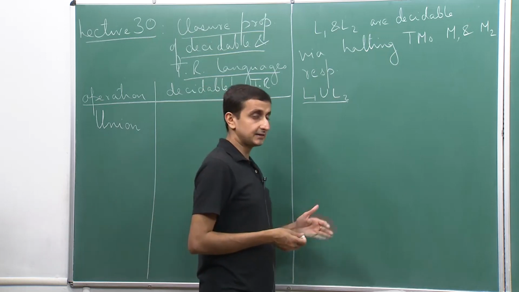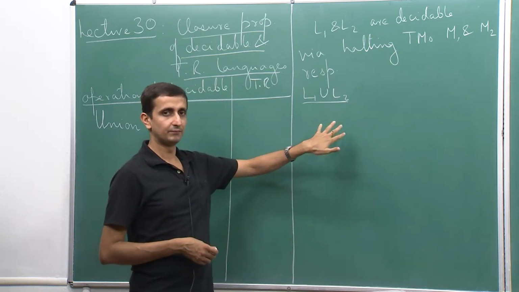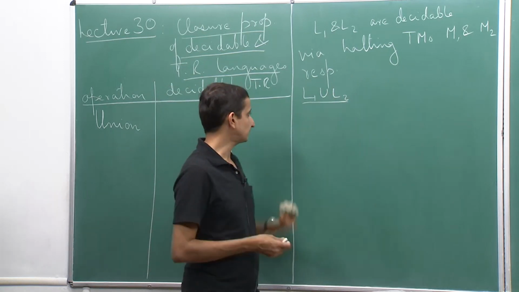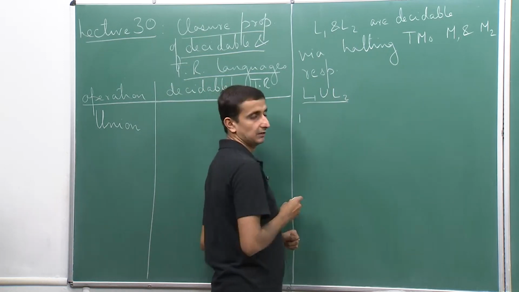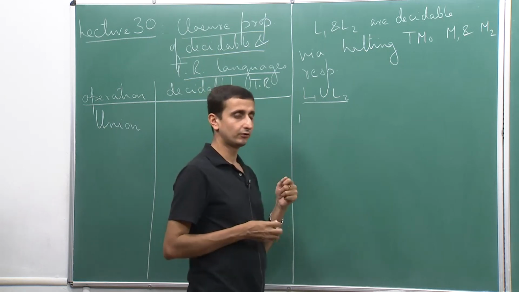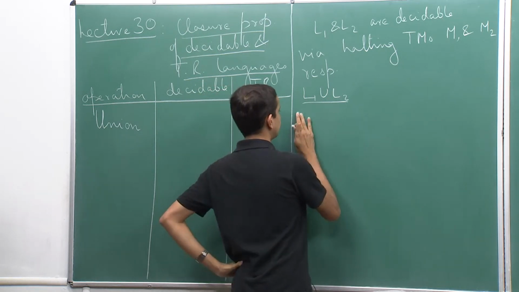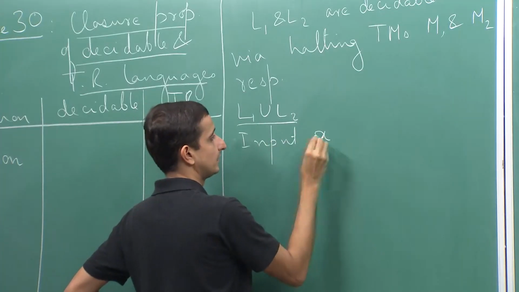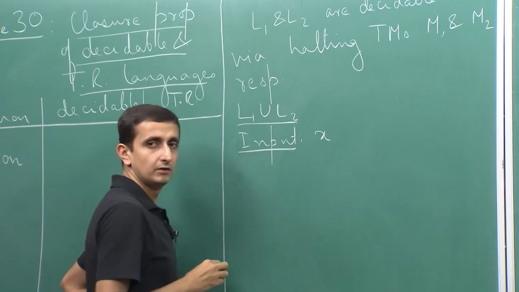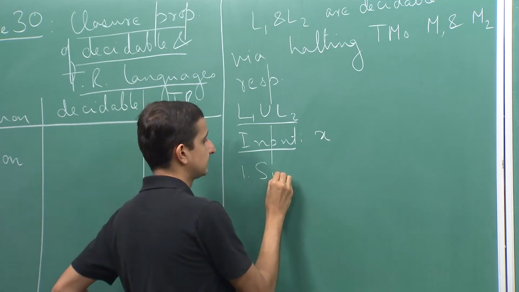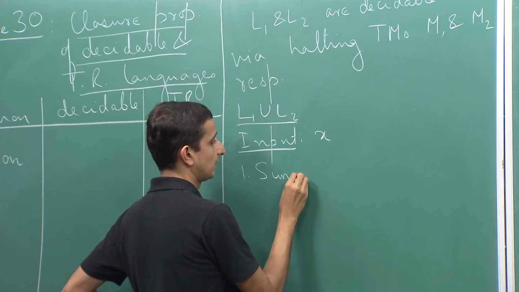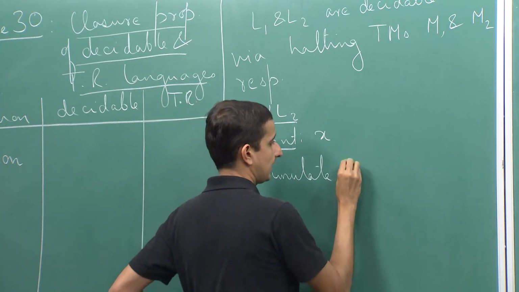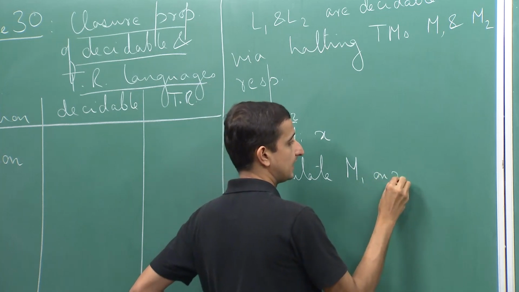The answer is yes, L1 union L2 is also decidable. To prove this, observe that given an input x, we can first simulate M1 on x.